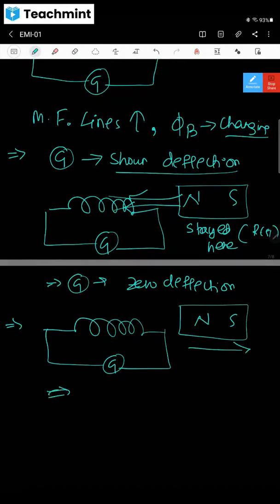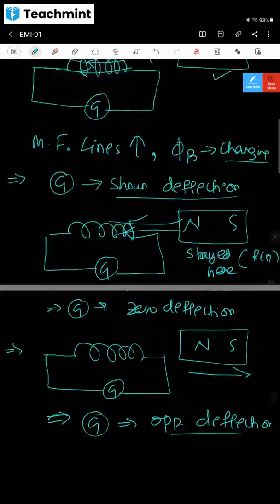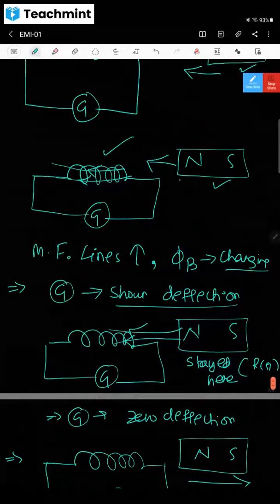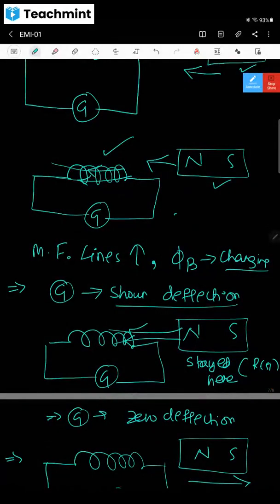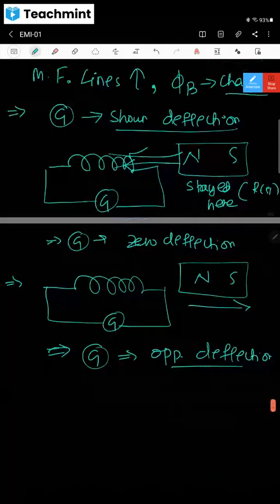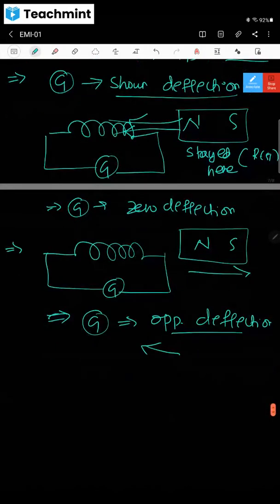Then again he saw that in the galvanometer there was a deflection, but it was opposite in direction. When it was coming towards the coil, the galvanometer showed deflection like this, and when it was going away, the galvanometer showed the opposite deflection.